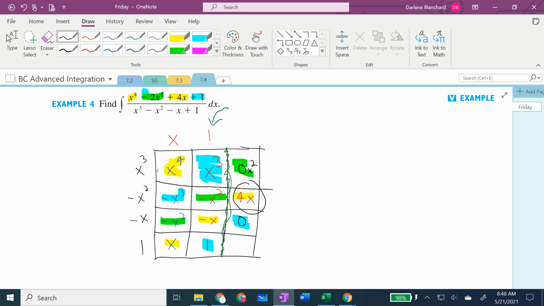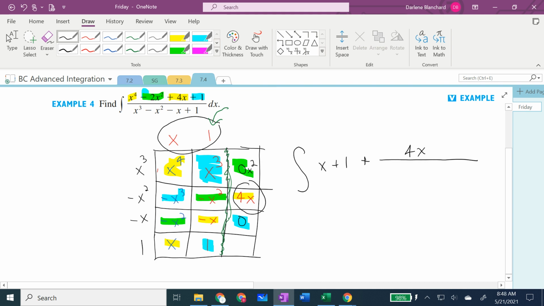So what do we get here? We get that this integral is the same thing as the entire polynomial of x plus 1 plus the remainder that we were not able to do division by that denominator.